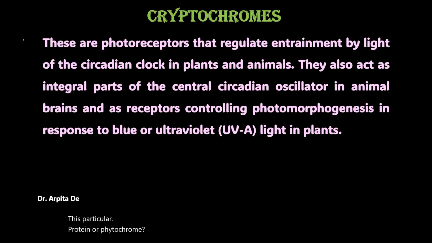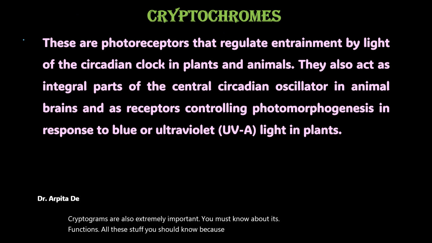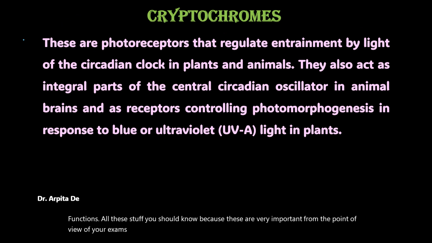Now we'll come to cryptochrome. Cryptochromes are also extremely important. You must know about its functions, all these things, because these are very important from the point of view of your exams. So what are these?